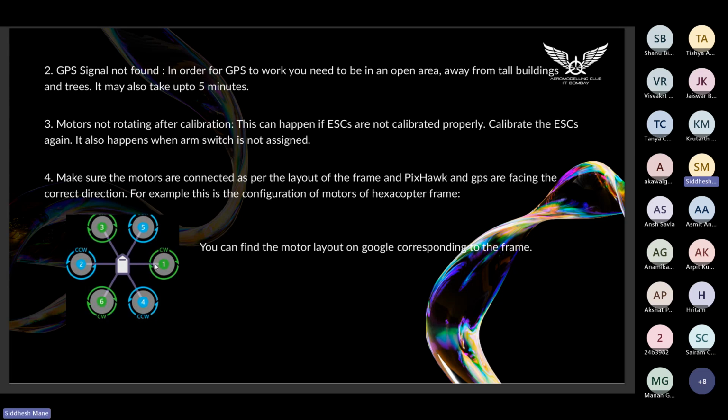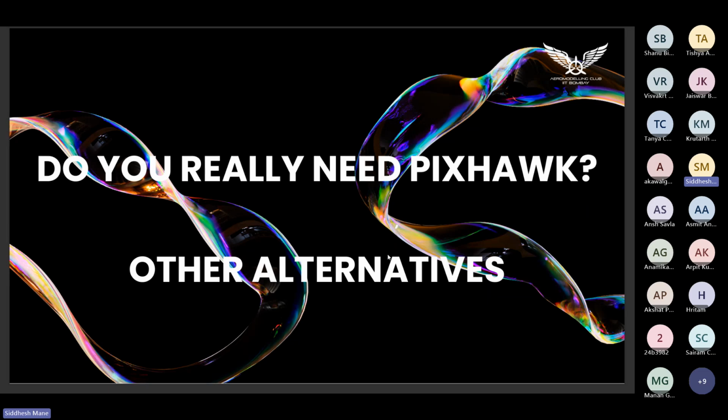Otherwise, Pixhawk will get confused, and the drone won't fly. It will just tip over immediately after takeoff. So that was all from my side. Now, Ayush will be explaining INAV and all other things.